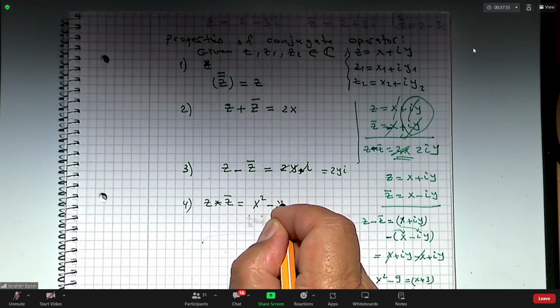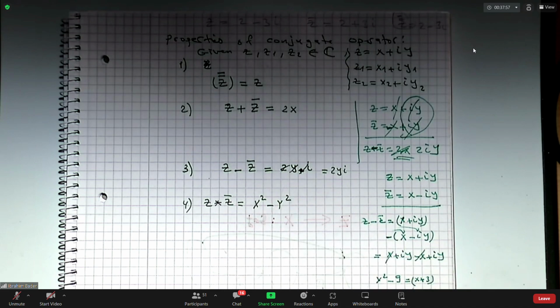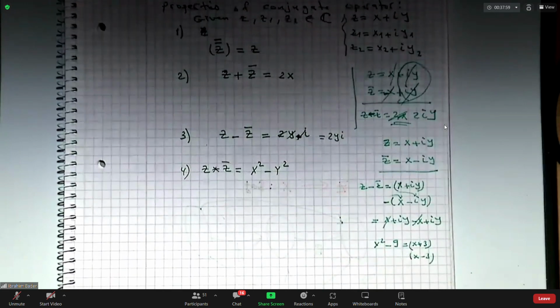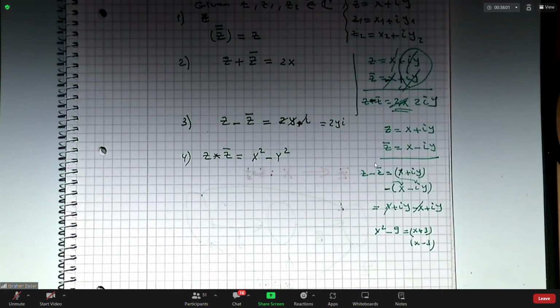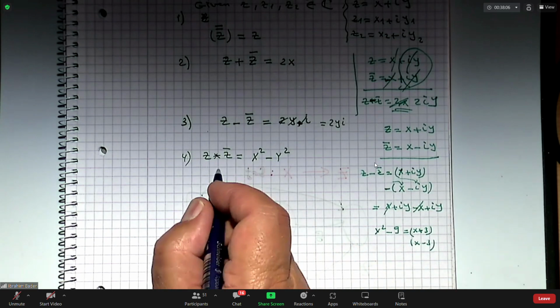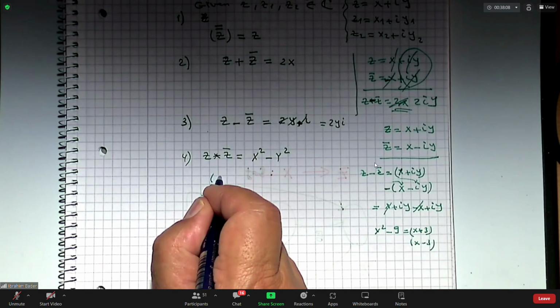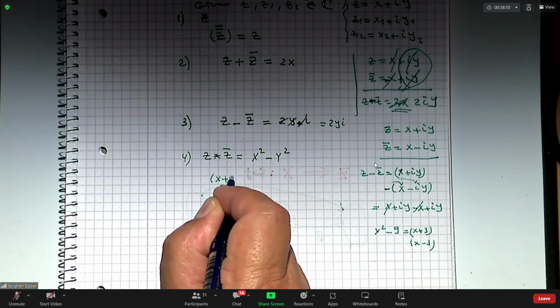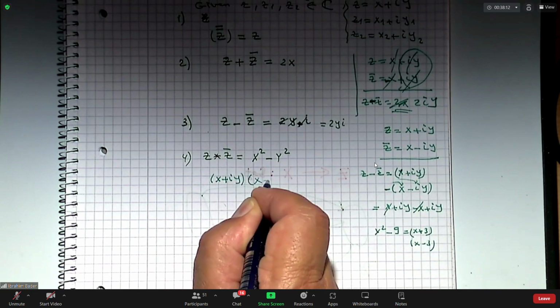So I will just write the outcome here, on this screen, which is just for demonstration. So let me do it here. I will have x plus iy multiplied by x minus iy, right?